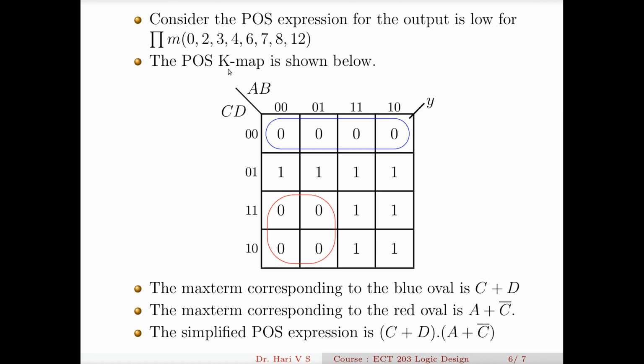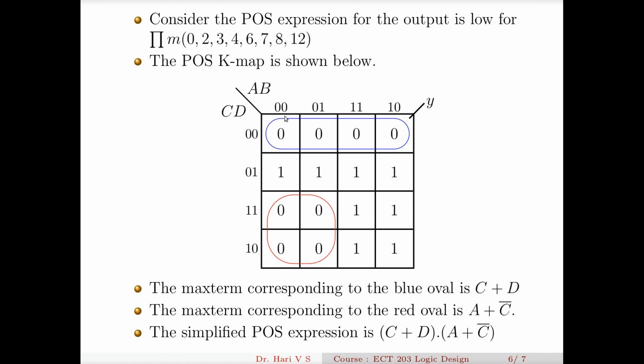So if you come here, this is m0, m1, m2, m3, then m4, m5 is a 1, m6, m7, then m8, m9, m10, m11, then m12 is a 0, m13, 14, 15. So ones occur at these points and zeros occur at these points.